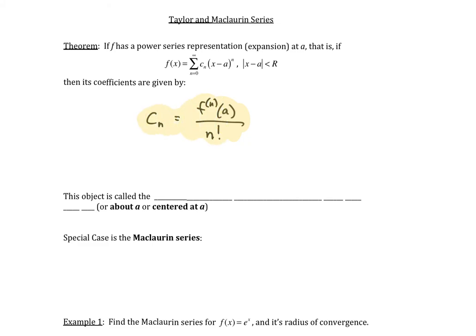Highlighting that again, this object is called the Taylor series of f at a. We sometimes say about a or centered at a. These are different ways of describing the center being a.